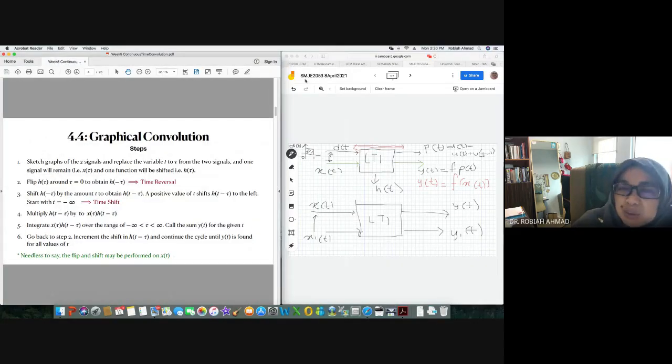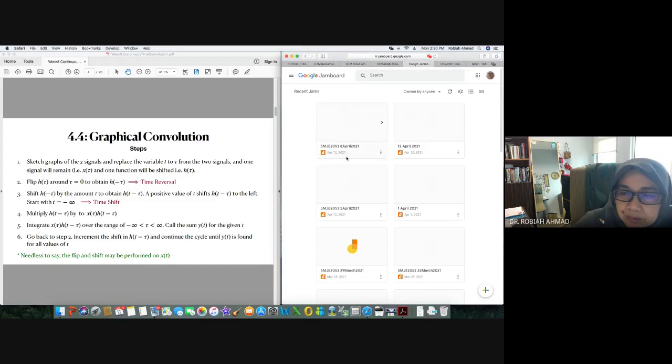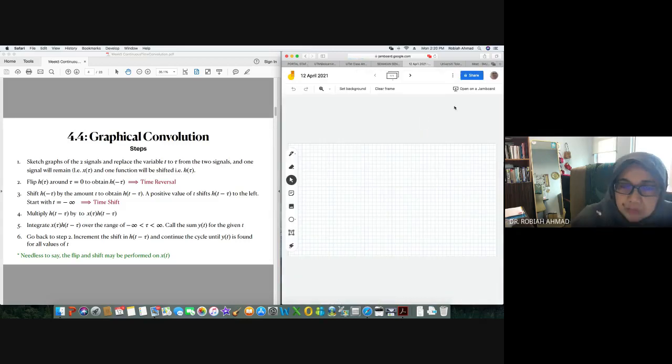Okay, so I go back to my Jamboard here. Graphical convolution.